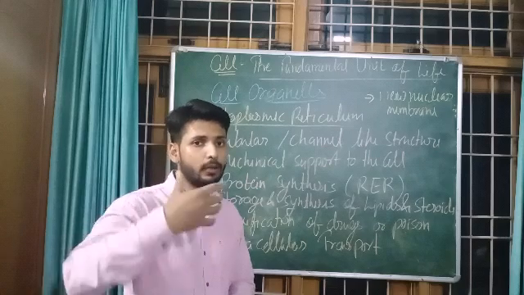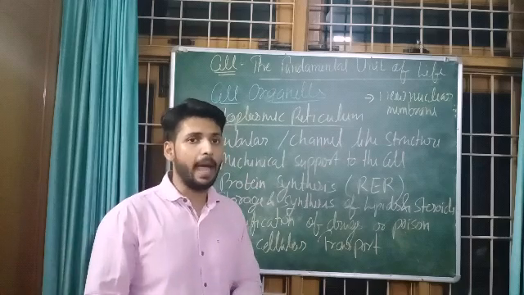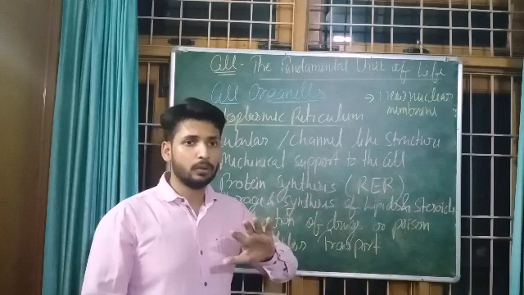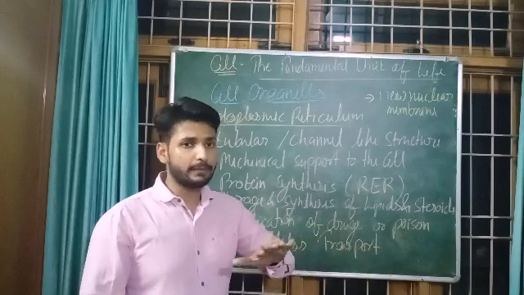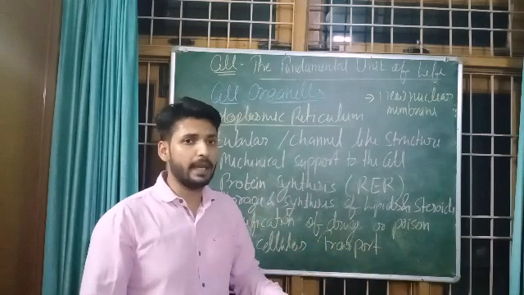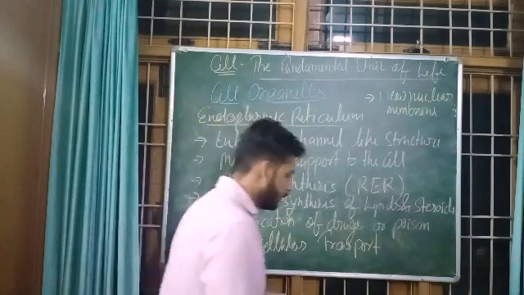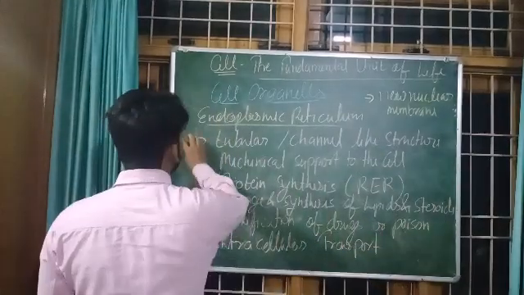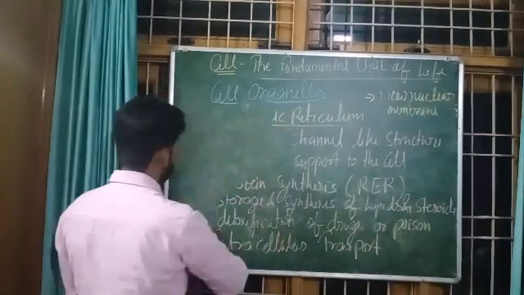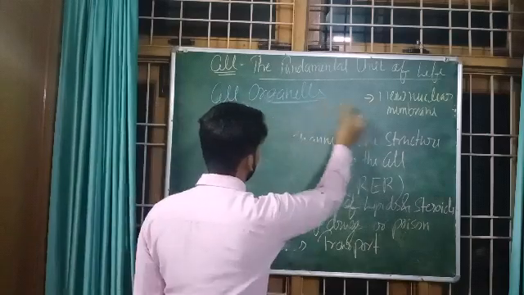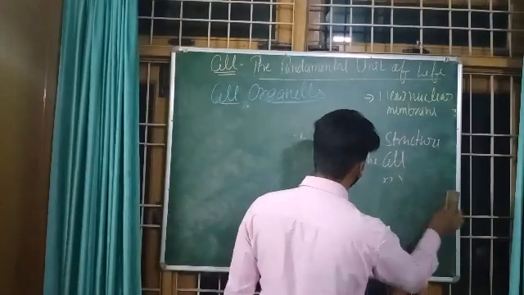So that is why it is called rough endoplasmic reticulum. On the other, no ribosomes are present, so its surface is smooth. That is why it is called smooth endoplasmic reticulum.